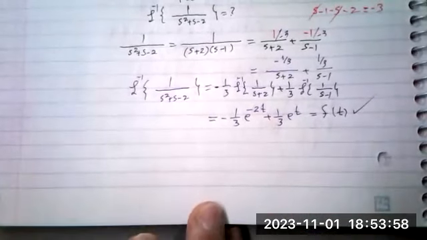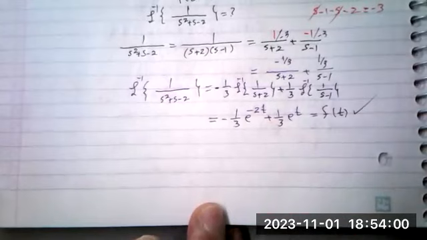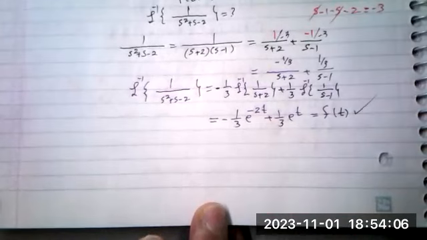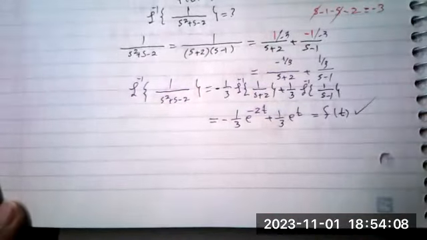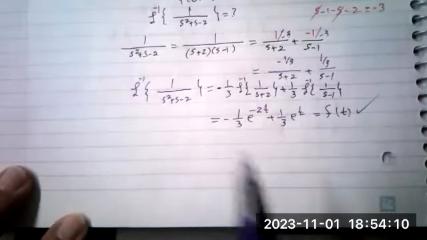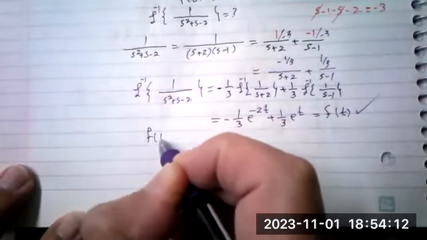But remember, the base was 2, and you need f of t minus 2. So replace t with t minus 2, go back and substitute it here, and then you're done. So what's going to be f of t minus 2?